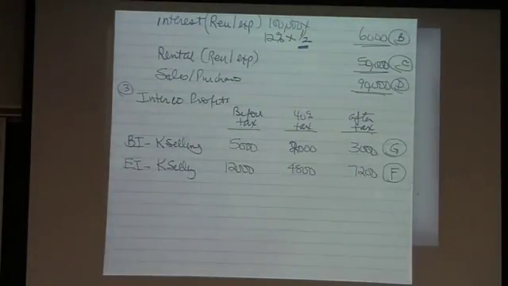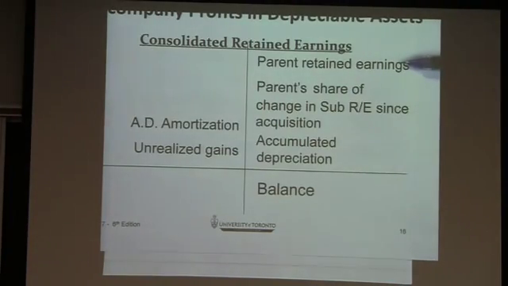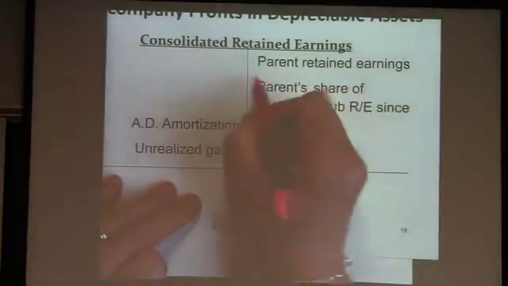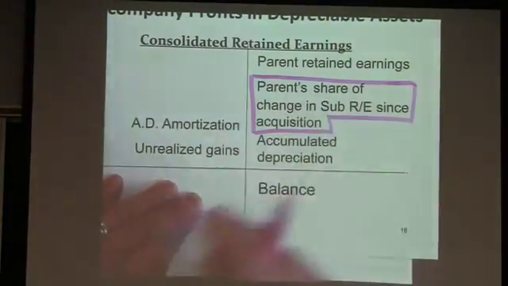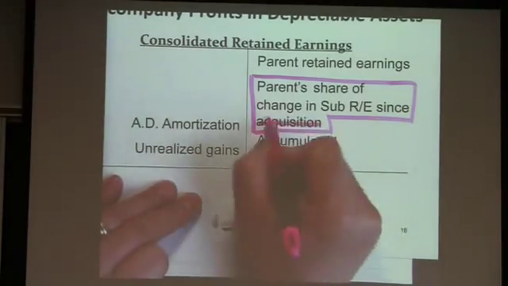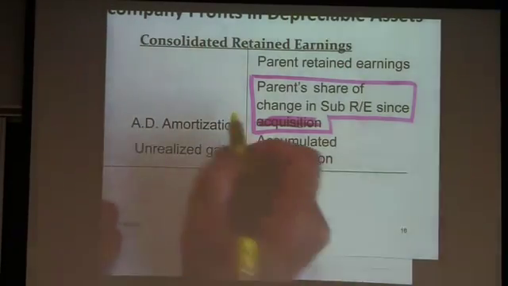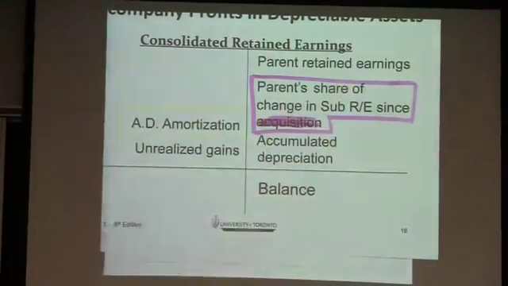Now, looking at the consolidated retained earnings, you'll see that we have the parent's retained earnings. We know that we pick up our share of the sub's portion of retained earnings since acquisition. Remember, that's an important point. And remember, we're going to take the AD as well, because the AD is important because that adjusts the actual profit that we pick up.